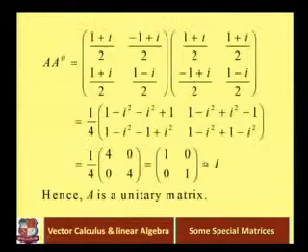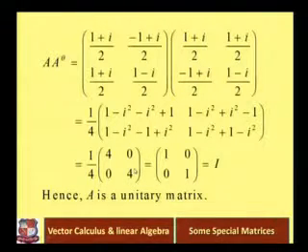Multiplying A into A theta, the final result of that multiplication is 1 0 0 1, which is nothing but the 2 by 2 identity matrix. So the given matrix A satisfies the condition A A theta is equal to I. So the given matrix A is a unitary matrix.